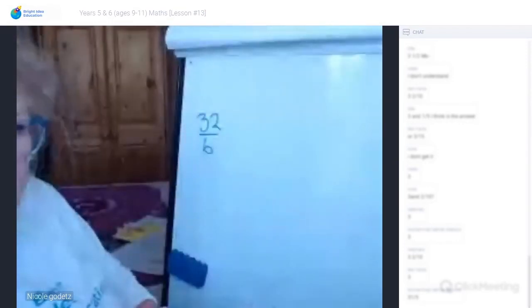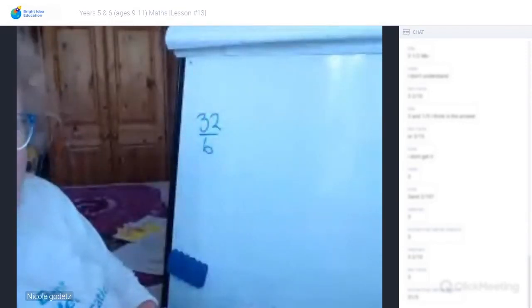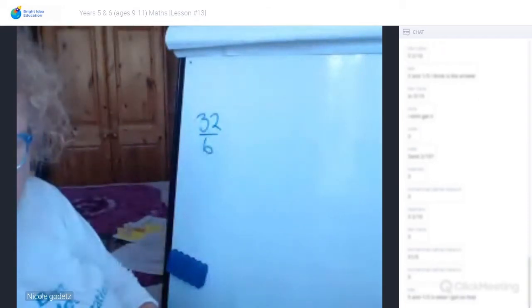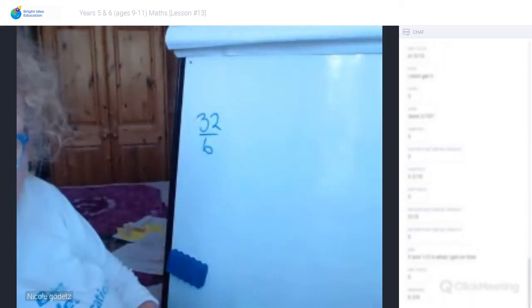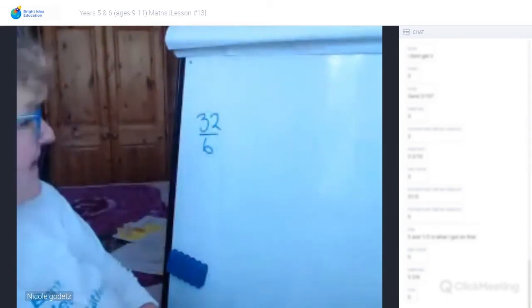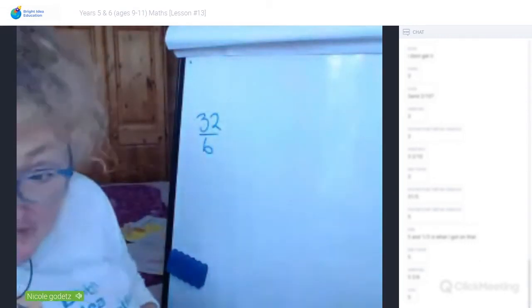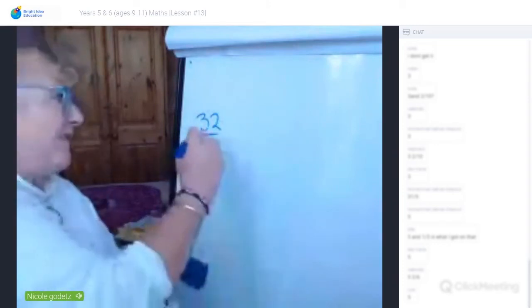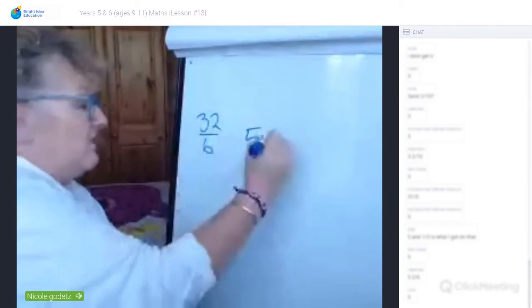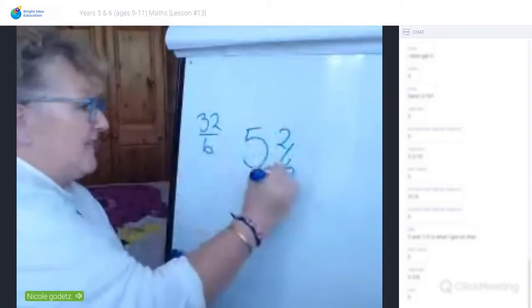it's a whole one. So how many 6s can you make out of 32? Well, 5 6s are 30, aren't they? So we can have 5 whole ones and 2/6.